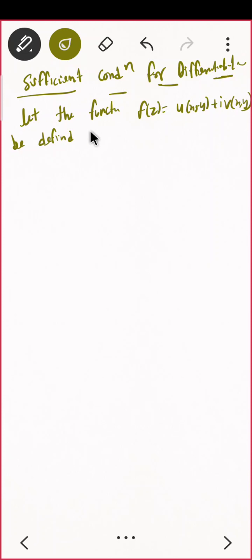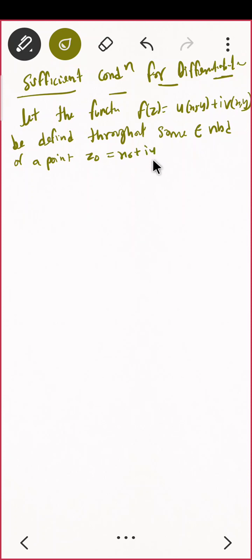Let the function f of z is equal to u of x, y plus i v of x, y be defined throughout some epsilon neighborhood of a point z naught that is equal to x naught plus i y naught.